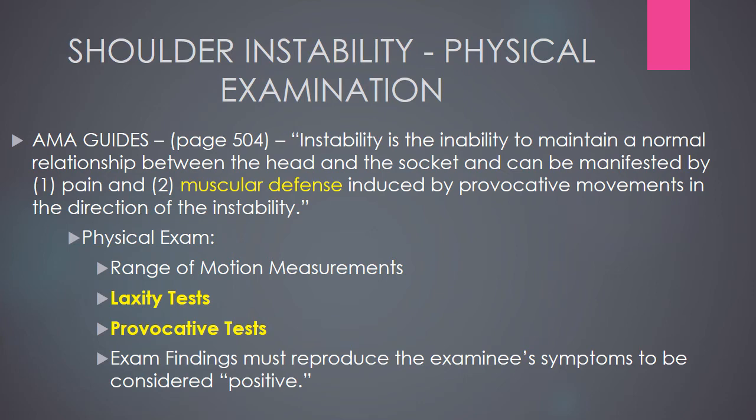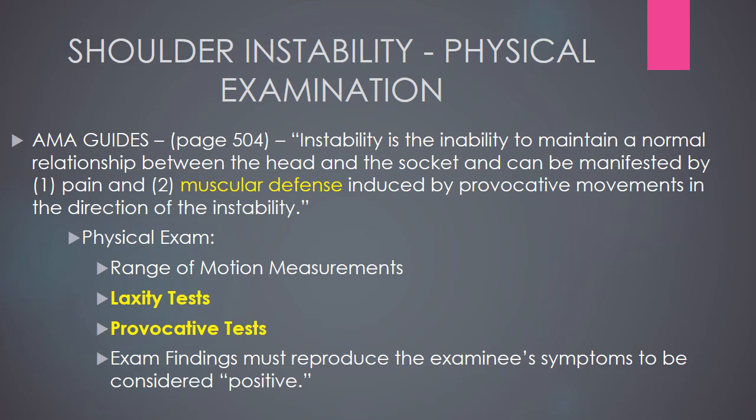When we perform our physical examination maneuvers, we attempt to provoke the glenohumeral joint in the direction of the instability. And for the purposes of this section of this program, we want to focus on anterior instability of the shoulder, because that's the direction of most common subluxation.